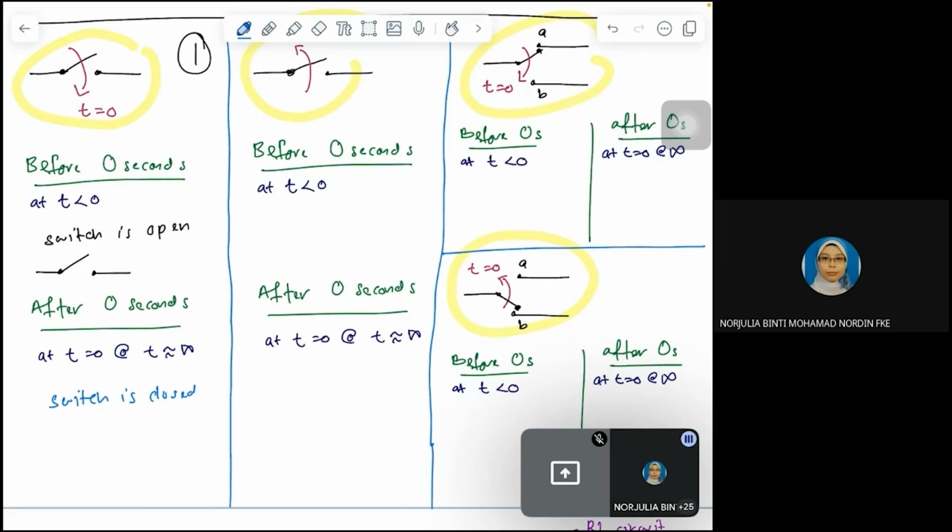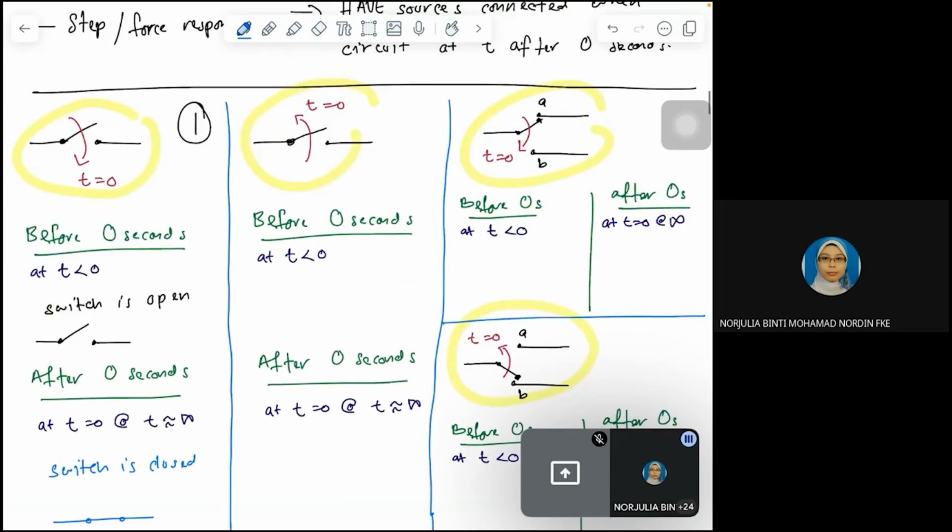If you have any problems analyzing the switch, sit down and relax, and look at the switch and arrow carefully, where the arrow is going, whether up or down, left or right. It depends on the circuit. So the switch is closed for the second condition after 0 seconds.